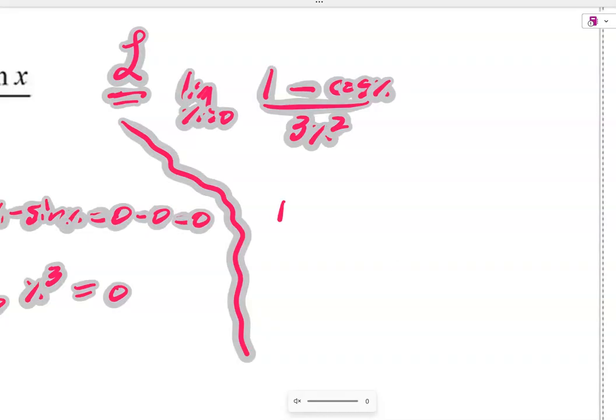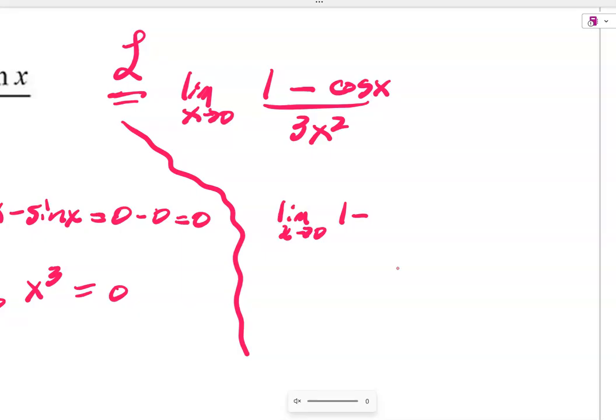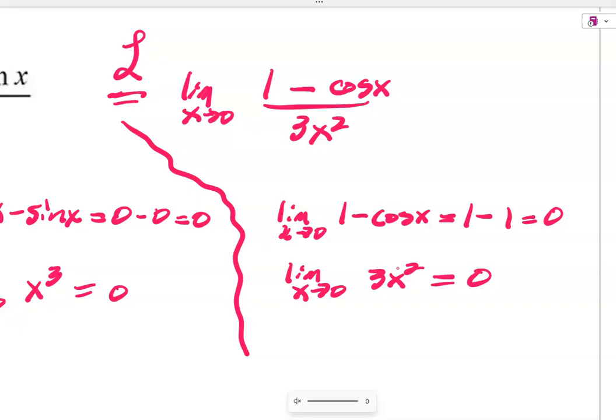So will the bottom. Look, as you're looking at this, you'd say, wow, 1 minus the cosine of x. Well, you know what? Cosine of 0 is a 1. That goes to 0. The bottom goes to 0 also. The kids will go, oh my gosh, what do we do?